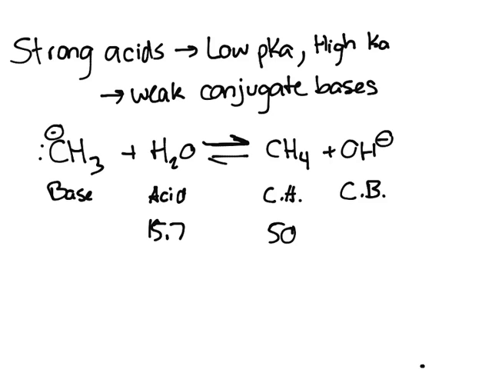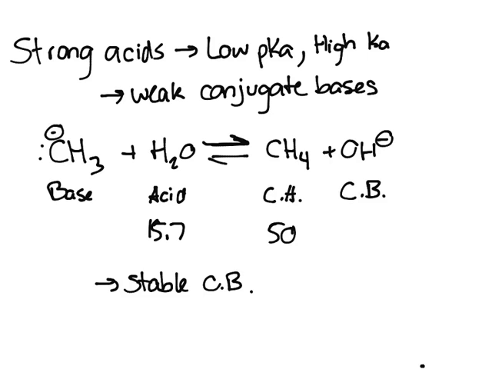And also strong acids have stable conjugate bases. And what that means is essentially if you have a stable conjugate base, the molecule will more likely be formed because it's very stable. So that's a good way to think about it.